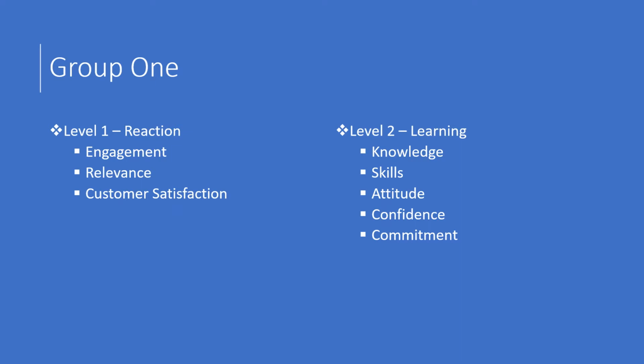Group 1, once again, includes level 1 reaction and level 2 learning. Level 1 reaction can be broken down into three parts that you want to evaluate. Those parts are the engagement level, the relevance of the training, and the overall satisfaction that is initially met with the instructional design.